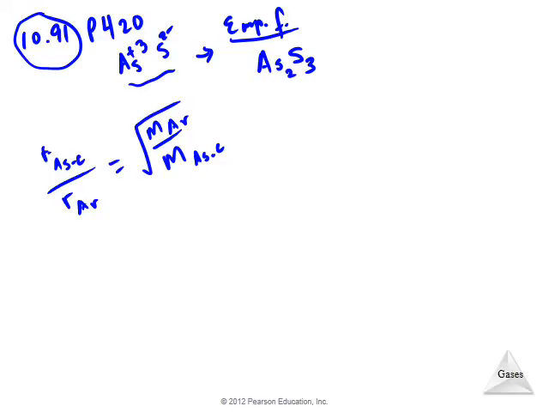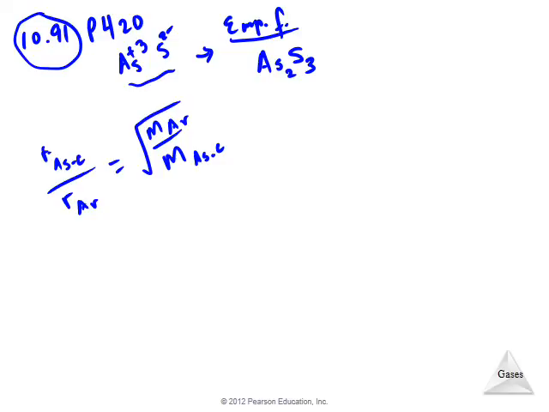Now we know mass of argon from the back of the book, and they also gave the ratio because they're telling you in this problem that the molecules of this new compound come out 0.28 times faster than argon.